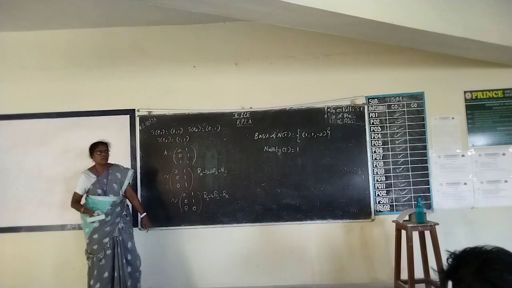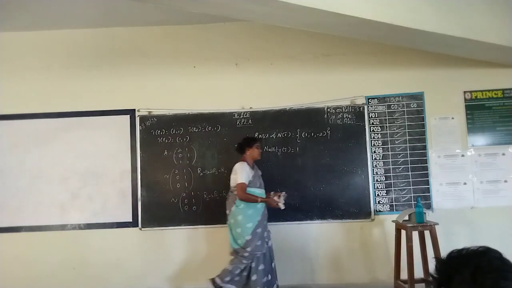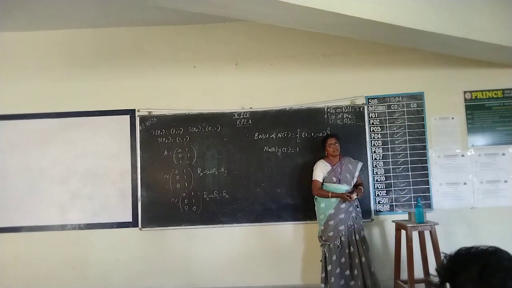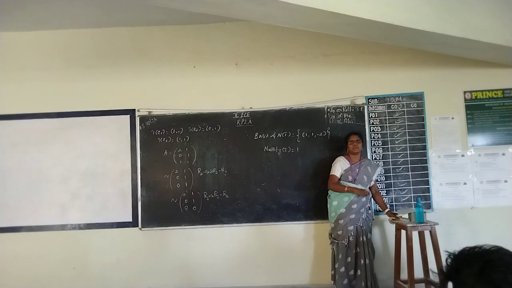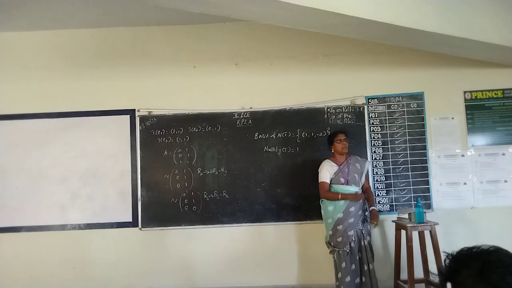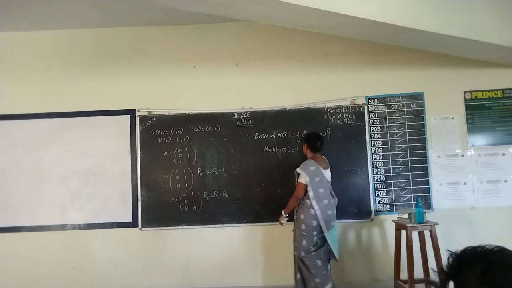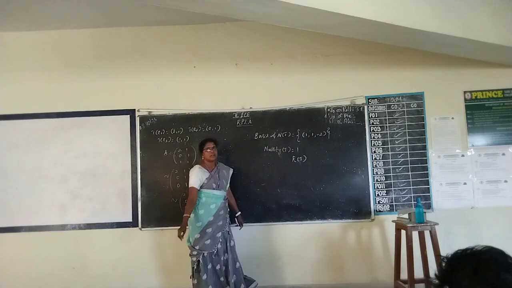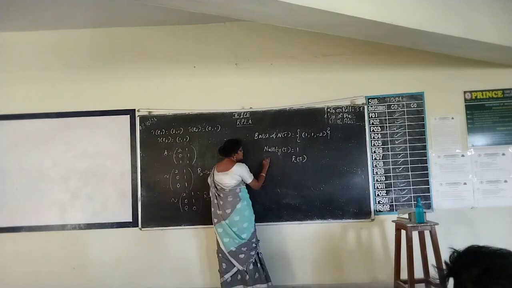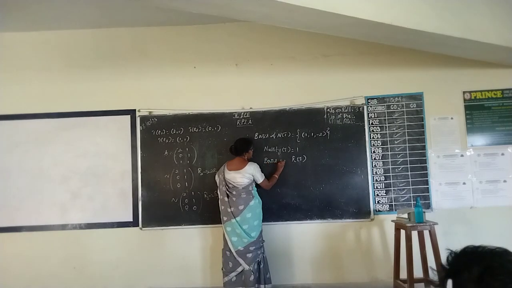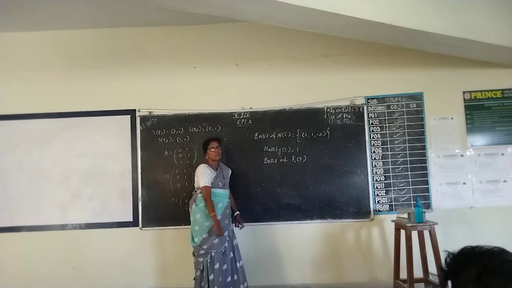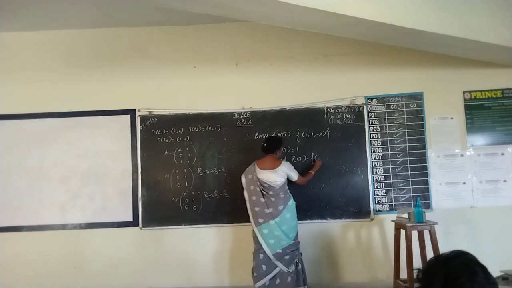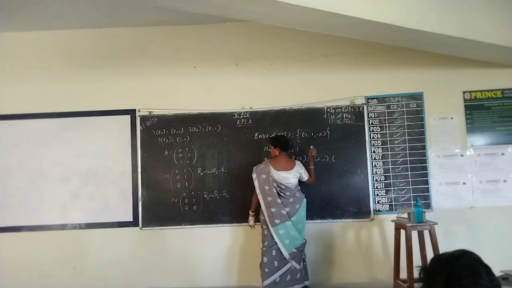Okay, so right. The non-zero rows are the basis of R of T. That is, the basis of R of T equals the set of elements 2, 1, 0, 1.